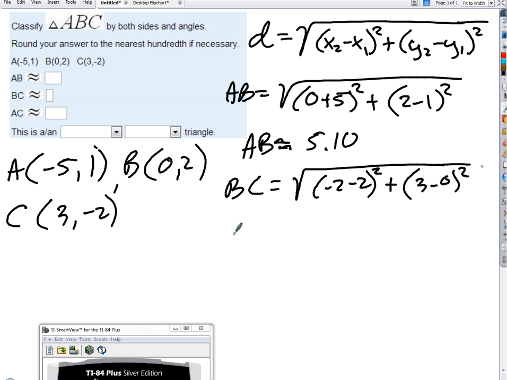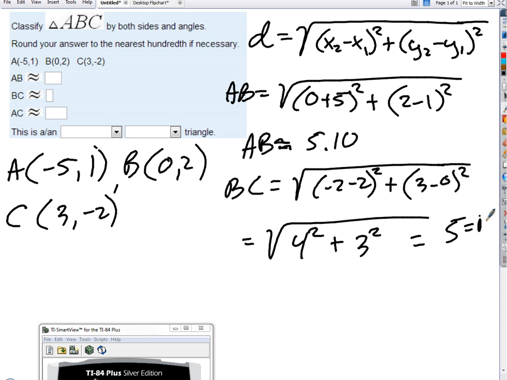So that's equal to square root. What's negative 2 minus 2? Negative 4, but do we ever square a negative? No. Nope, square the positive. So we get 4 squared plus 3 squared, so that's 16 plus 9 equals the square root of 25. What's that? 5. Okay, so BC is 5.